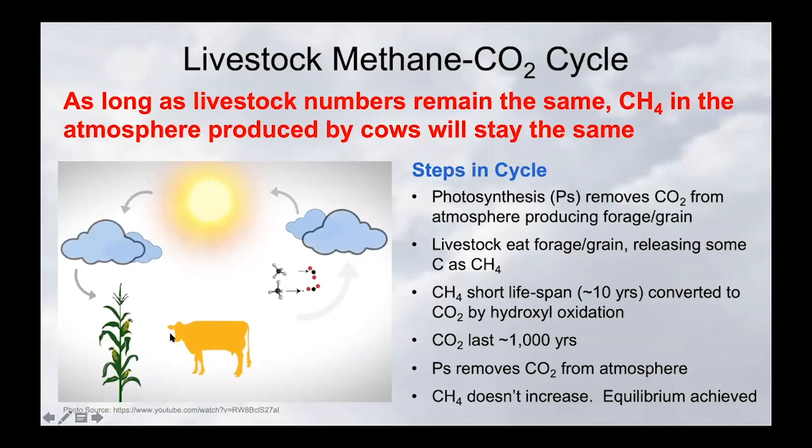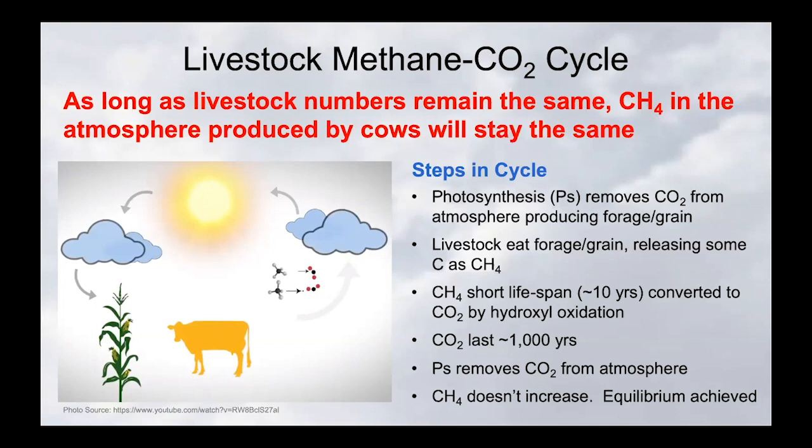So those cows eat the plant material. A lot of it is released as methane, just from their digestive process as it goes through the rumen. That methane lasts about 10 years. It goes through a process called hydroxyl oxidation, and it's converted to carbon dioxide. So the methane goes from the atmosphere and is converted to carbon dioxide. It's going to stay in that carbon dioxide form for about 1,000 years, or until a plant utilizes that carbon dioxide and produces new feed, so new forage or new grain for our cow.